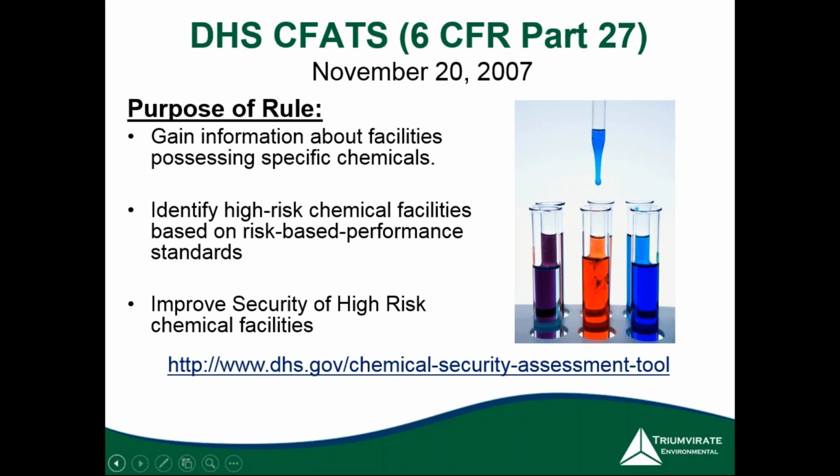The one thing you'll notice right off the bat is there are some pretty common chemicals that you probably already have on site, but what's important is how you're storing or using those chemicals and what the quantities are on site. That can really make the difference whether you fall into this category of being a high-risk chemical facility. So it's worth taking a look at, even if you don't think you fall into that category right away.